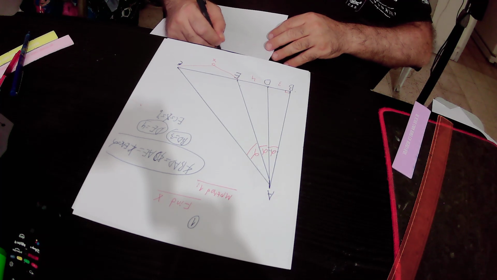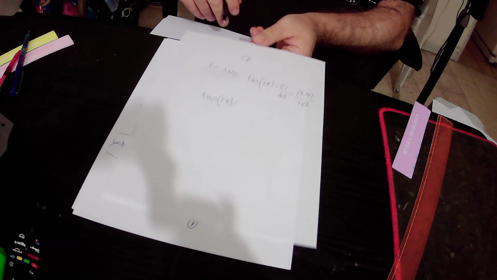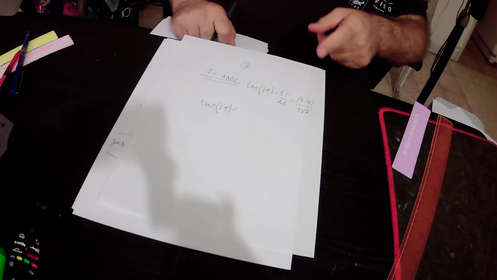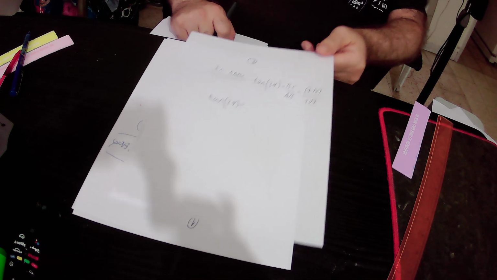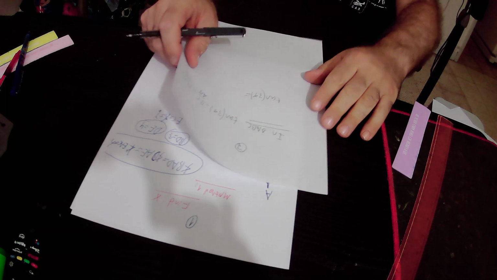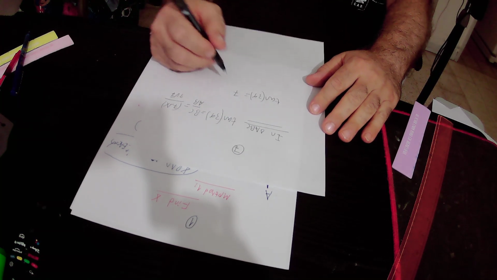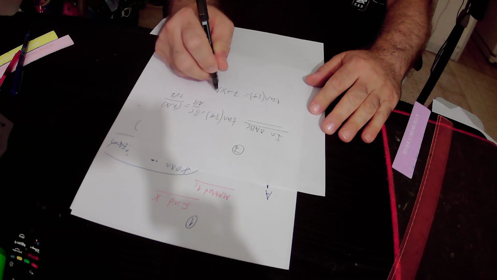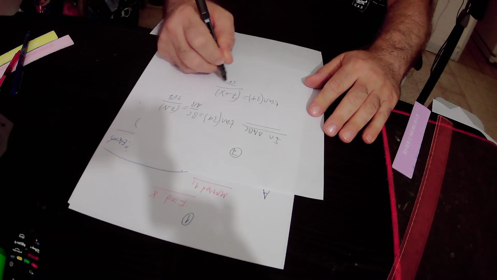So we found out that tangent 3 alpha equals 7 plus x over 3 times root 7. So write it down.